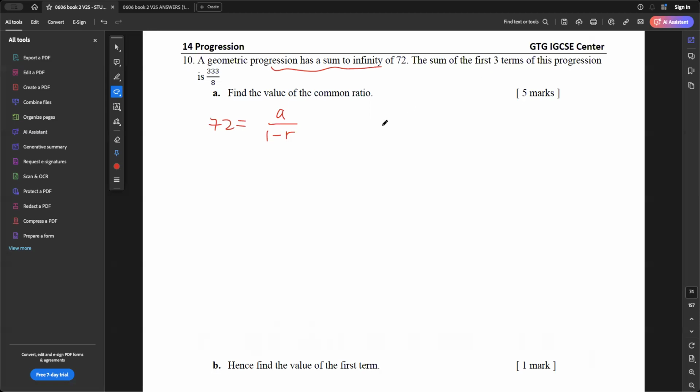The second line, the sum. Yeah, refer to your formula. Okay. Power of 3, right? Over 333 over 8.